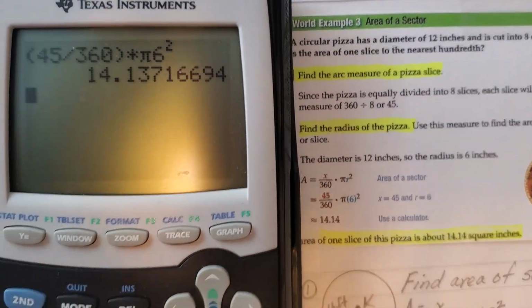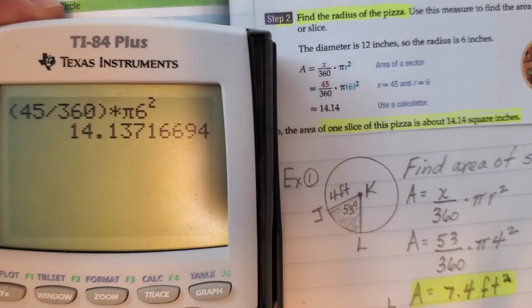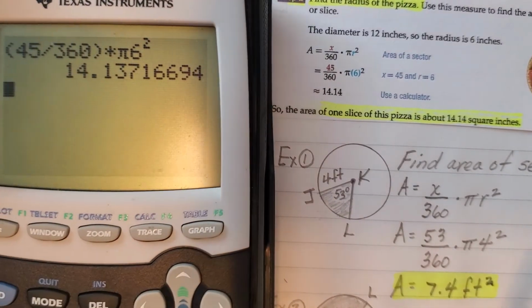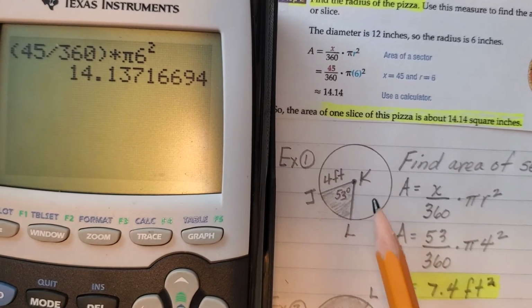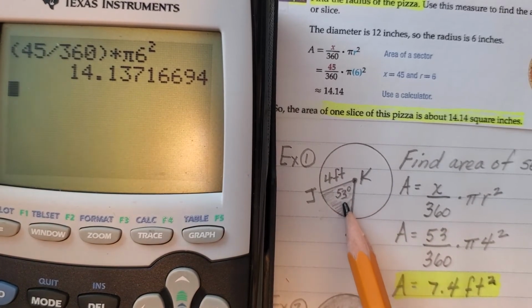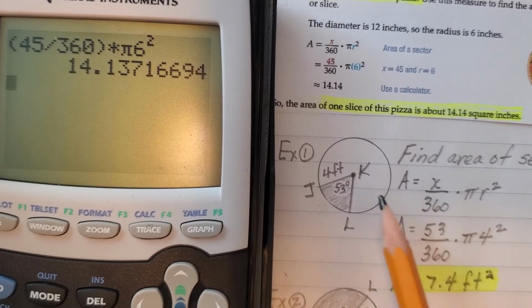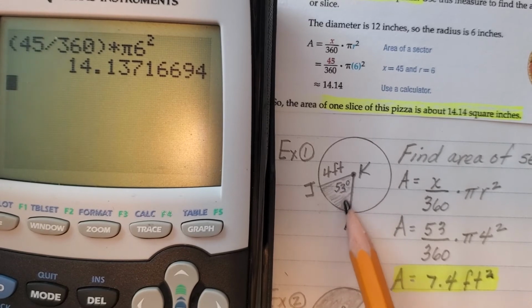Now I have a couple of examples I'm going to move down here. So I'm going to try to move my calculator down as well. Okay, so now example 1, let's say we're finding the area of this sector. Remember, the area is a part of 360, the degree out of 360 of the sector.